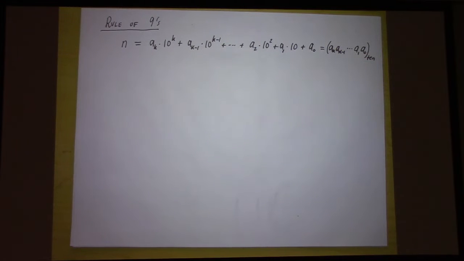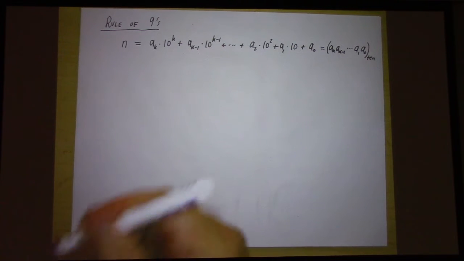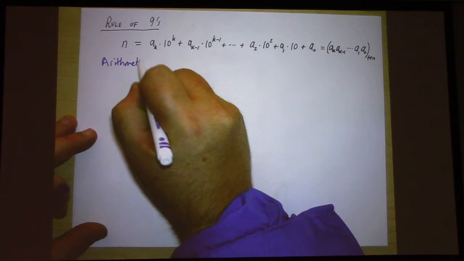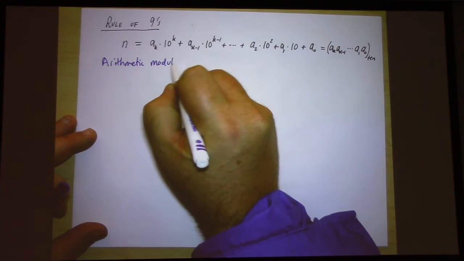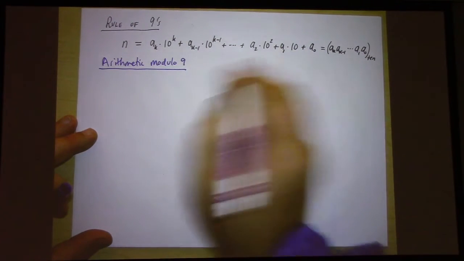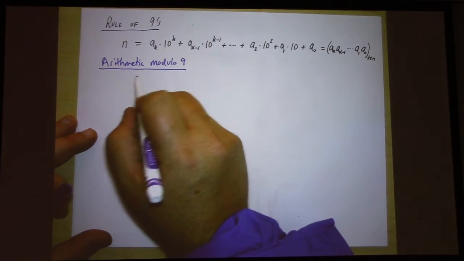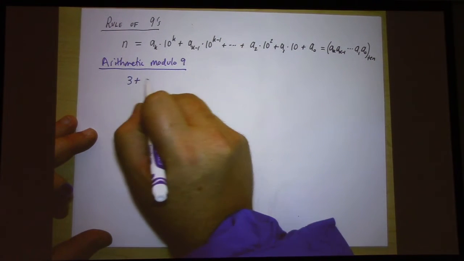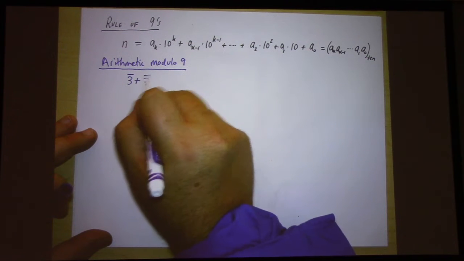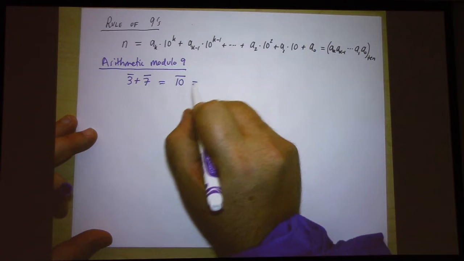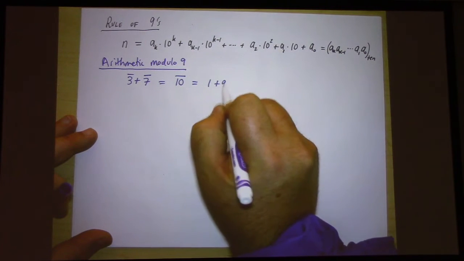Now, there's an interesting kind of mathematics that you can do, which is called modular arithmetic. So arithmetic modulo 9 works like this. So let's put a bar over things. Let me just give you some examples. If I have 3 plus 7, and this is done mod 9, that gives us 10. But 10 is 1 plus 9.